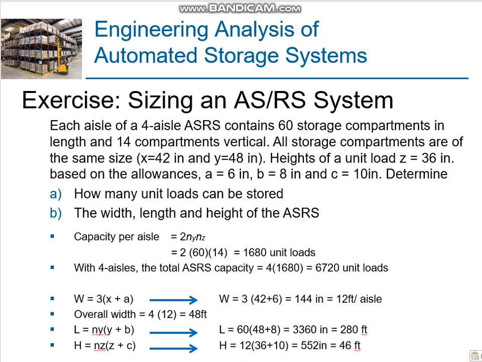And these are the width, length, and height for the ASRS system. The width is 12 feet per aisle, which corresponds to the total width of 48 feet. The length will be 280 feet, while the height will be 46 feet. This is basically the size of the floor required in order to establish this ASRS system.